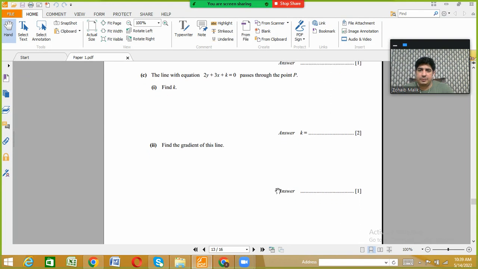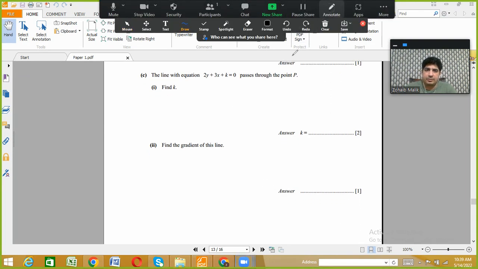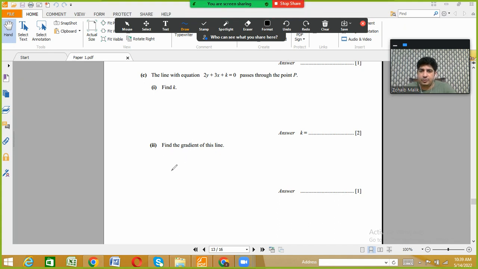Okay, we have to find the gradient of this line. So we have just found the k value, 4. So this equation becomes 2y plus 3x minus 4 is equal to 0. For finding the gradient from an equation, we have to make it in the form y is equal to mx plus c.